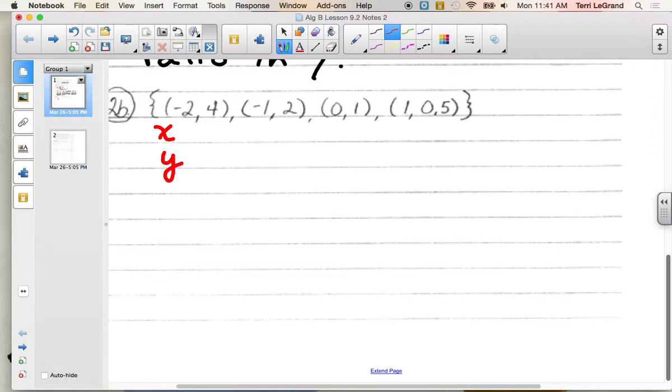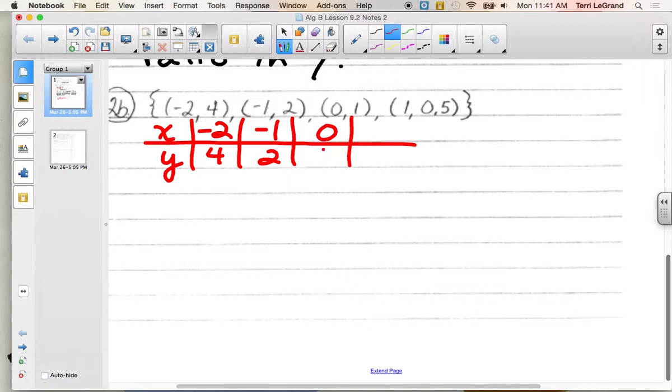X, Y, and we have 1, 2, 3, 4 ordered pairs. So what's happening first of all? X goes up by 1. X goes up by 1.